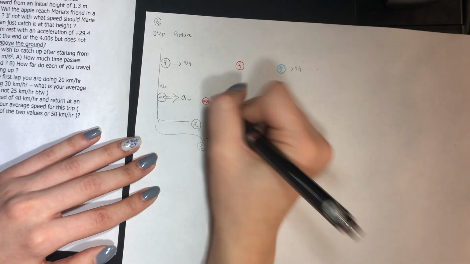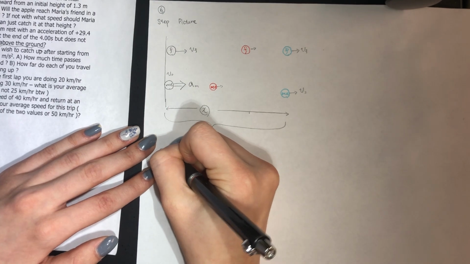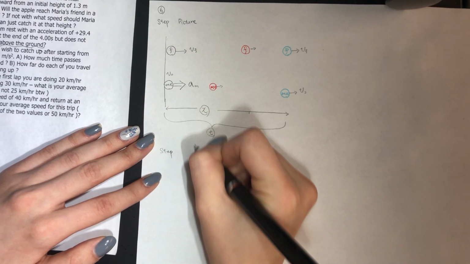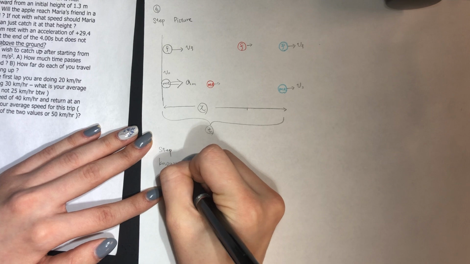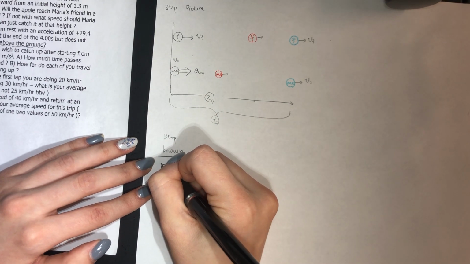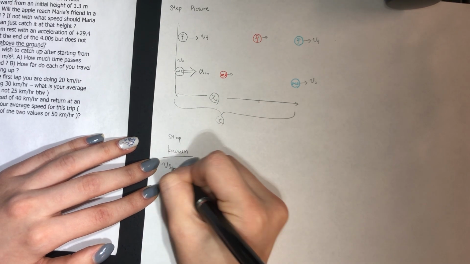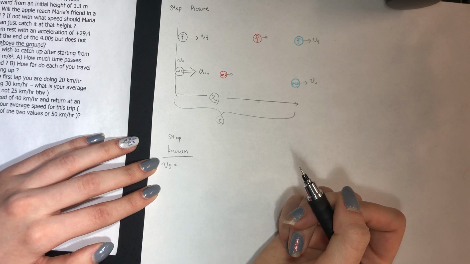Okay. Let's write our knowns and unknowns. Let's look at our friend first. Friend's knowns. V friend. Oh, that's confusing, isn't it?